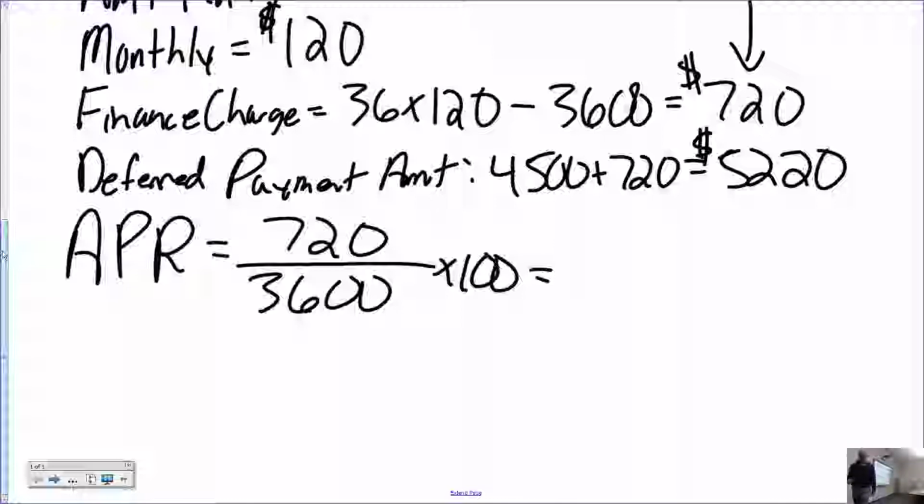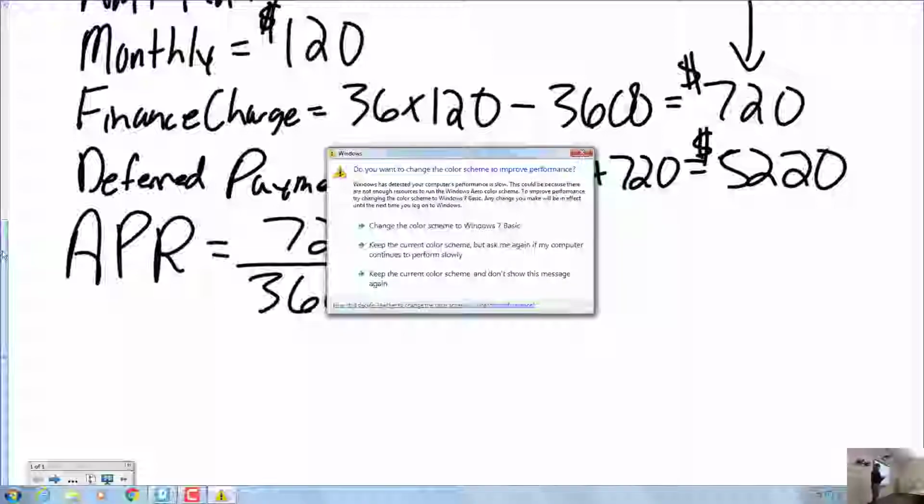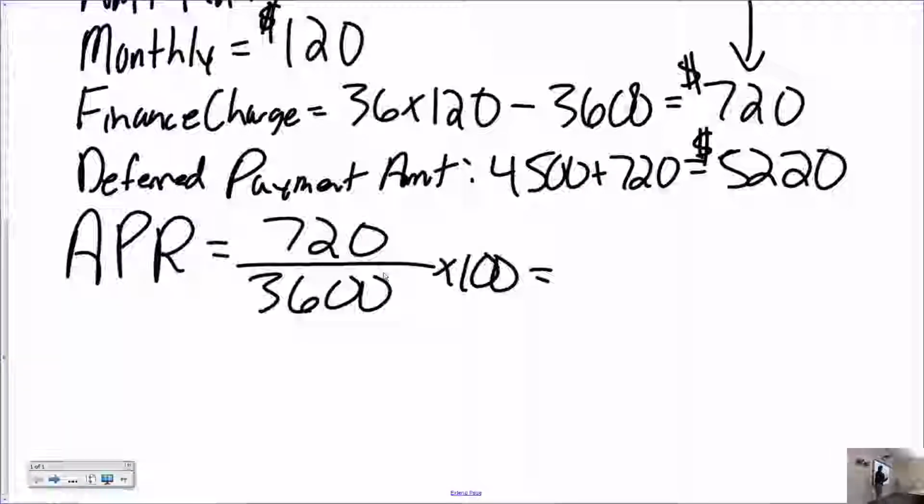And you can see that by looking in the tables under Table 14-1. That's what the title of the table is called, right? Finance charge per $100 of amount financed. So what's 720 divided by 3,600 times 100?